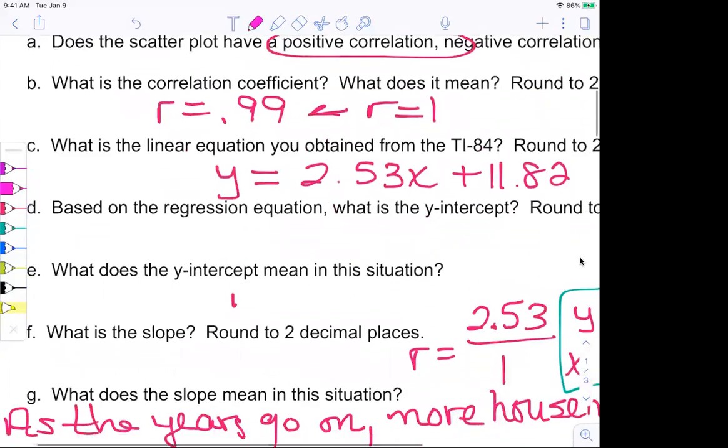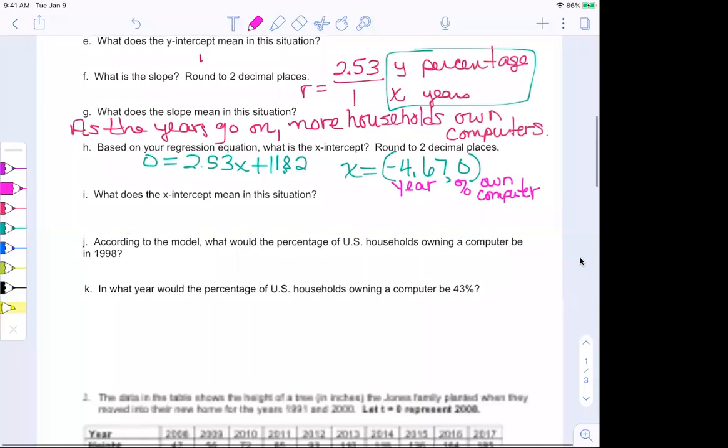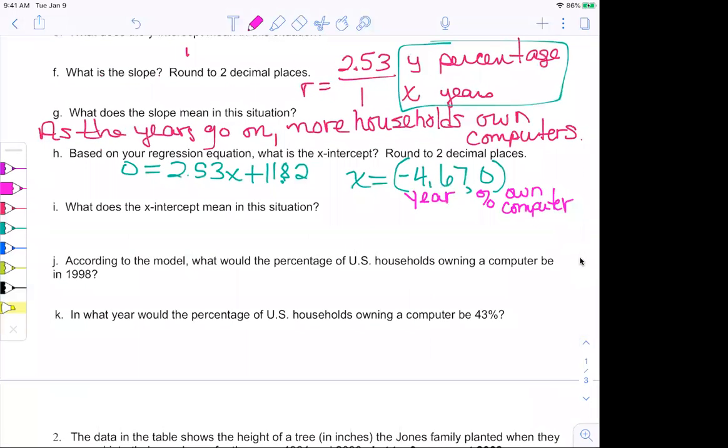So what does it mean if we have a negative year? What does that negative 4.67 mean? Maddie, do you have an idea of what that negative 4.67 would mean when we're talking about years and having a negative number?